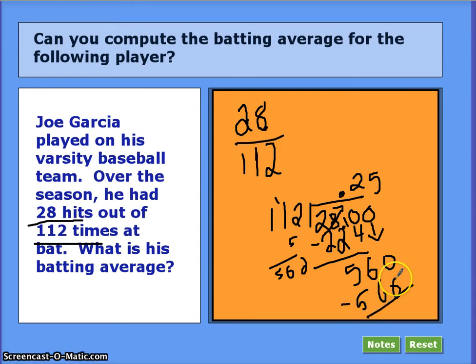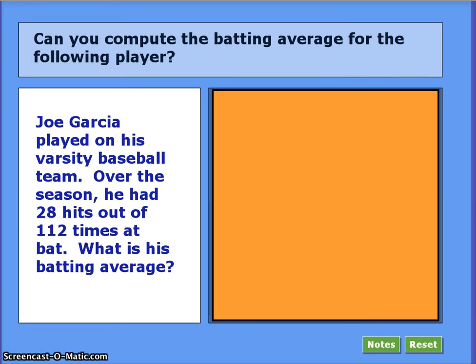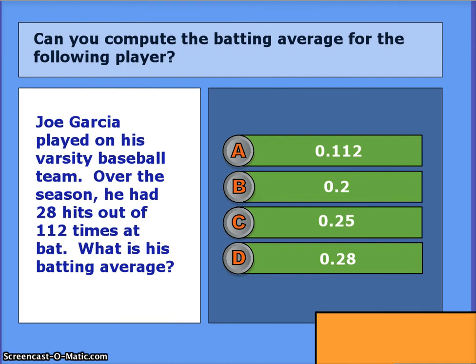Sorry about that, guys. That leaves me with nothing. So my batting average would be 25 hundredths. And we would pick C, 25 hundredths.